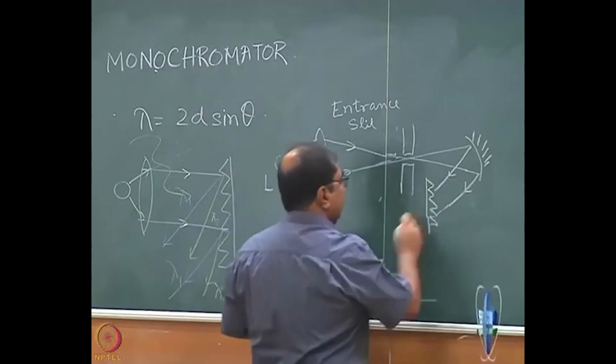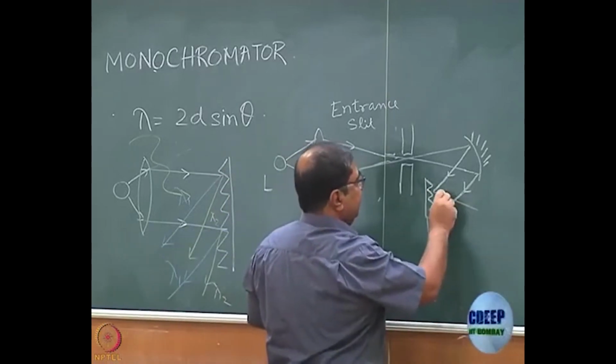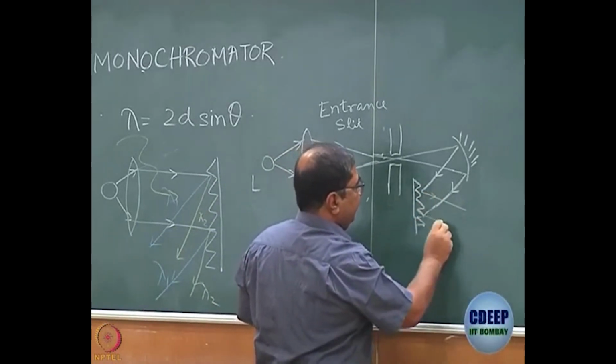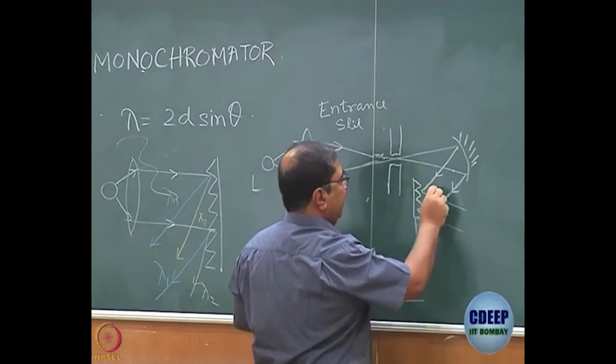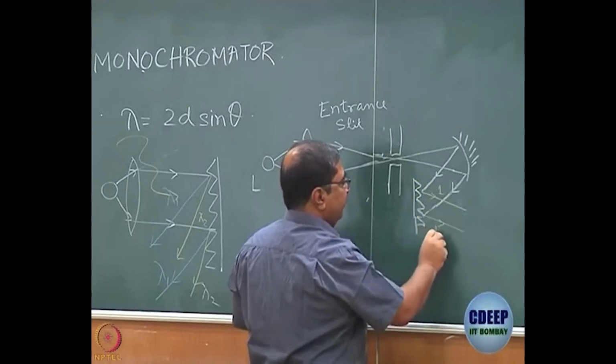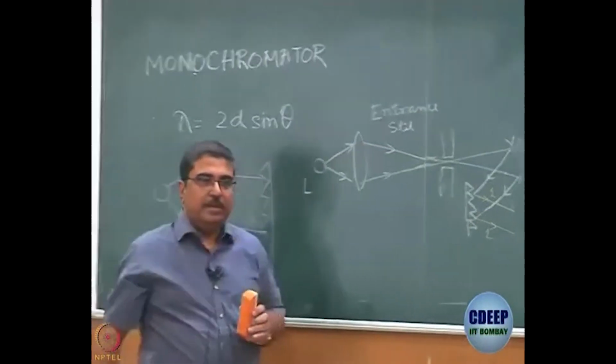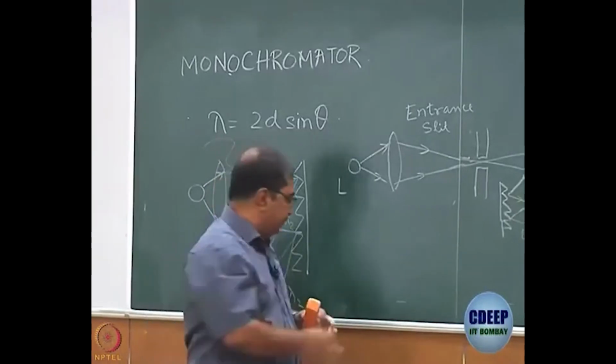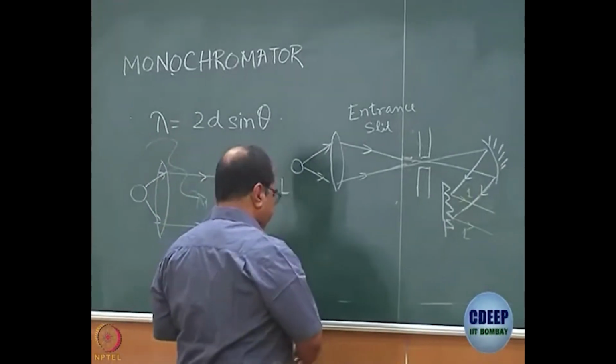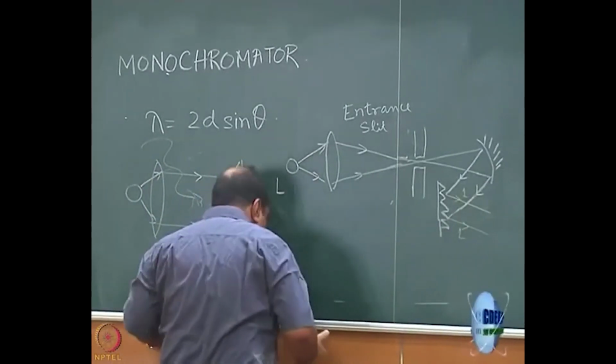What will happen? Let us say this is lambda 1, I will just write 1. I get a parallel beam here. What else? Where is my blue chalk?